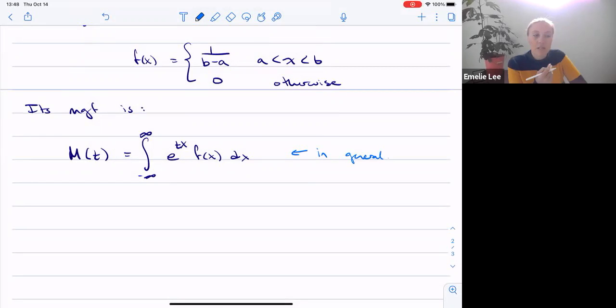Okay, so that's the definition of the MGF of a continuous random variable.